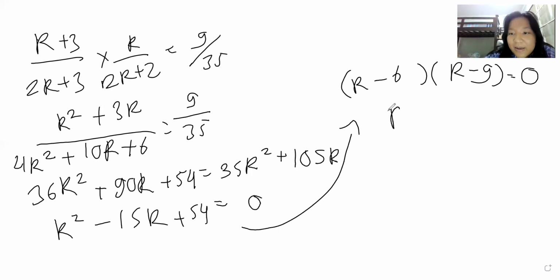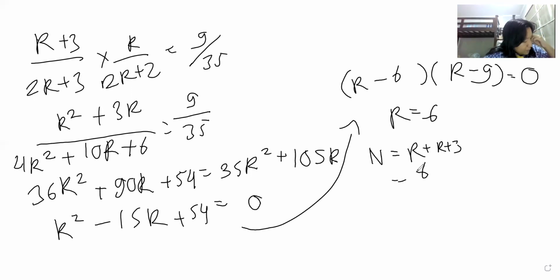If red is 6, then the number of n is R plus 3, then 6 plus 6 plus 3 equals 15.